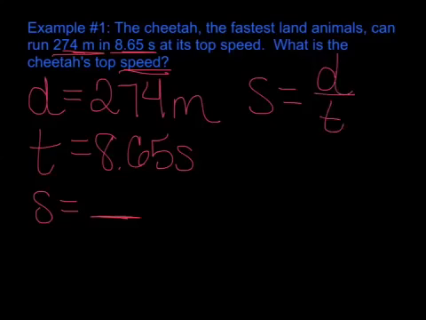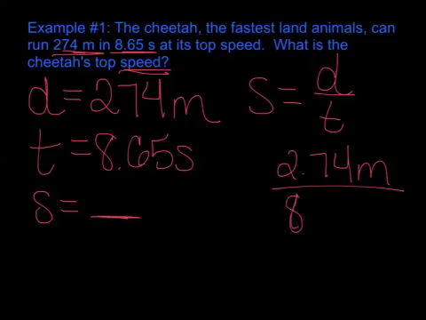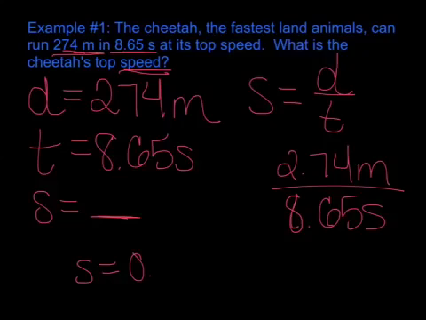So, you take your distance over your time, you do 274 meters over 8.65 seconds. You put that in the calculator. 274 divided by 8.65. I get 0.31676 and some other numbers.